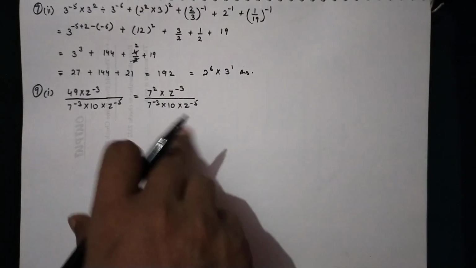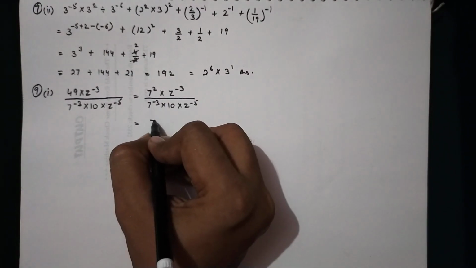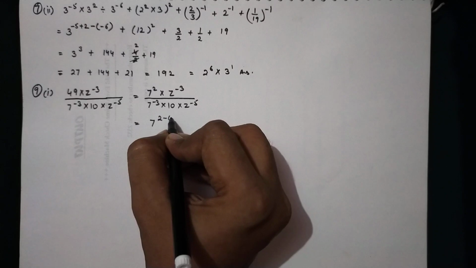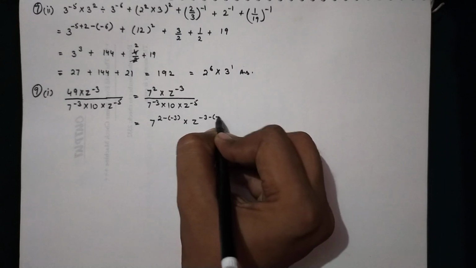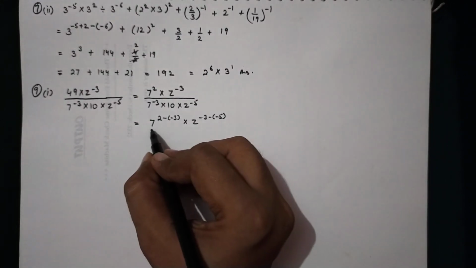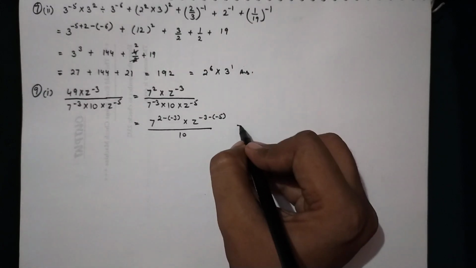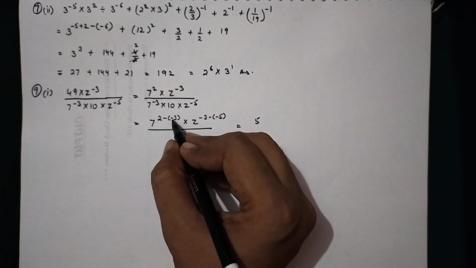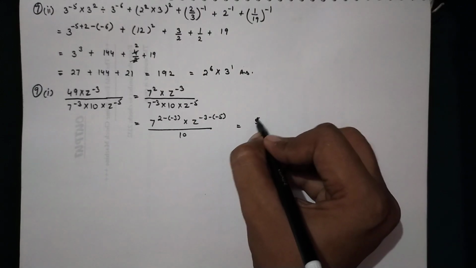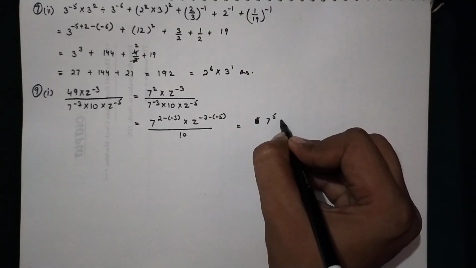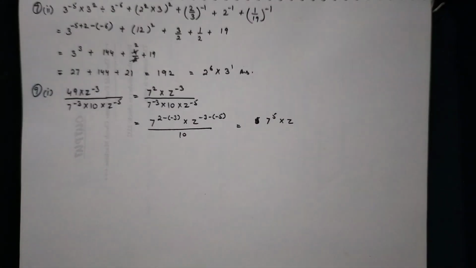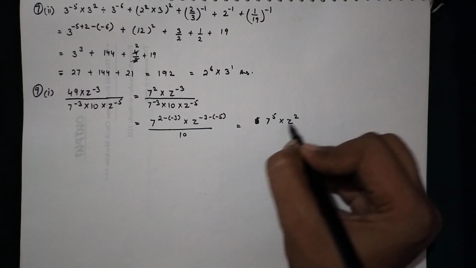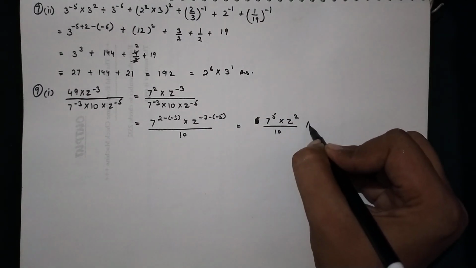Now we can shift the powers of the 7 and z over here, and this can be written as 7 to the power 2 minus 3 into z to the power minus 3 minus 5 upon 10. So this will be equal to 7 to the power, minus and minus will be plus, so 2 plus 3, 7 to the power 5 into z to the power, here minus and minus is plus, so 5 minus 3, that is 2, whole upon 10 as your answer.